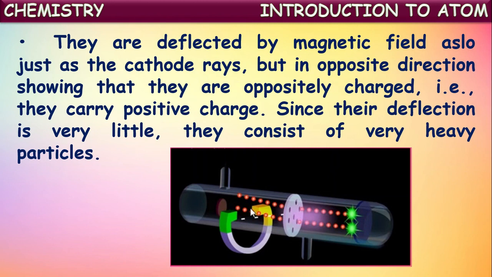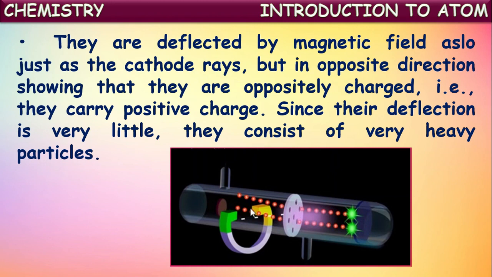Cathode rays are deflected much in the presence of an electric field or magnetic field. But the deflection of these anode rays is somewhat little compared to the cathode rays deflection. This shows that they consist of very heavy particles. As the mass of particles increases, the deflection decreases.